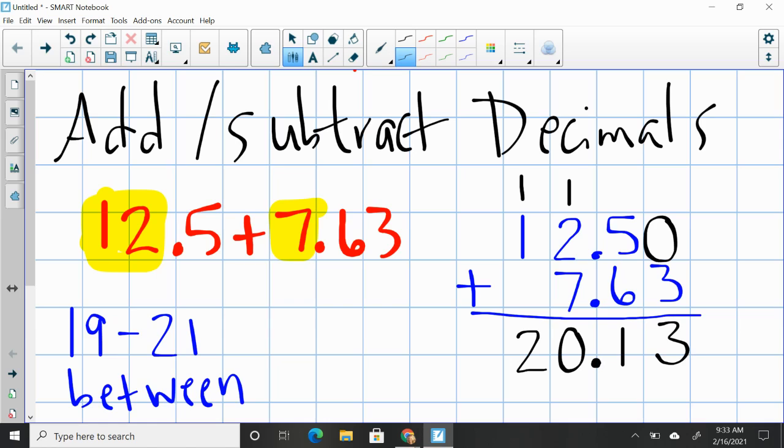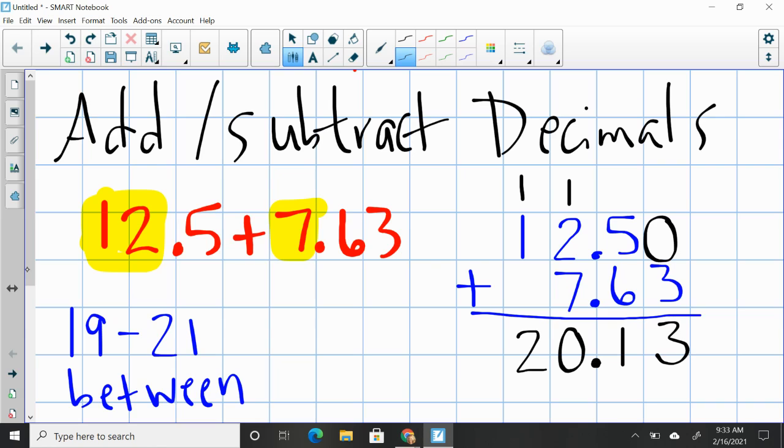Okay? So my answer is 20 and 13 hundredths. Is that close to what I had estimated? Yeah, it's right there in between the two numbers. Okay, so I know that my answer is on track.